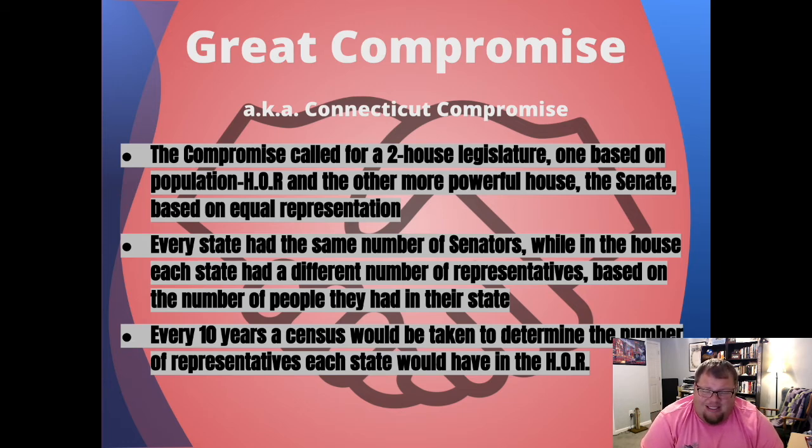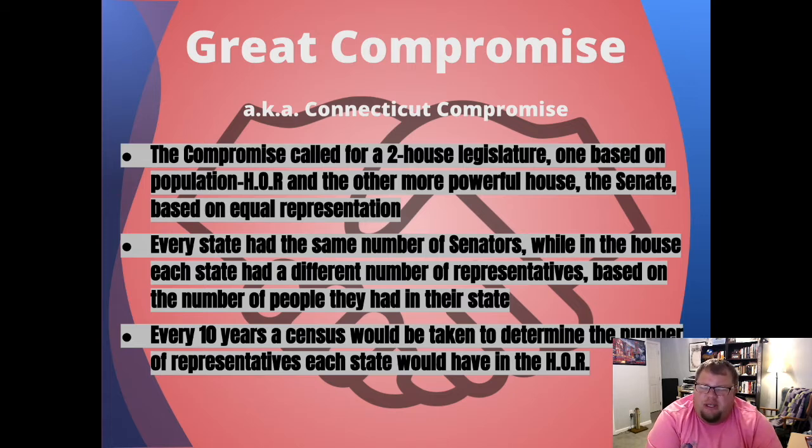So every state would get the same amount of votes. Also, while in the House, each state had a different number of representatives, it was based upon the number of people they had in the state. And to help figure that out, we were going to have a census every 10 years to determine the number of people that live in the state, so you can have a correct number of representatives.